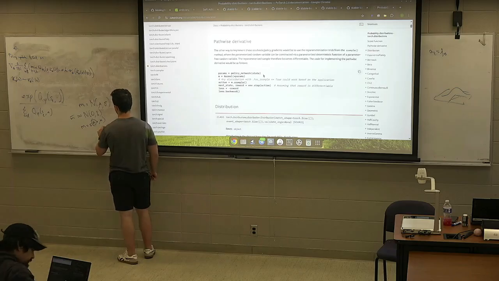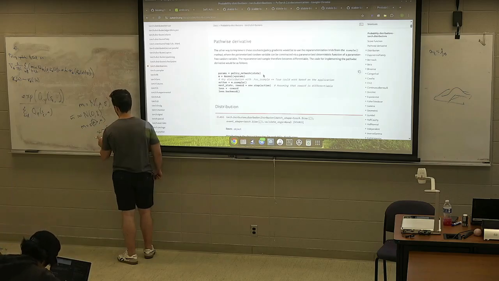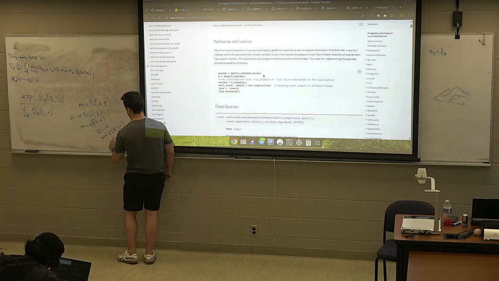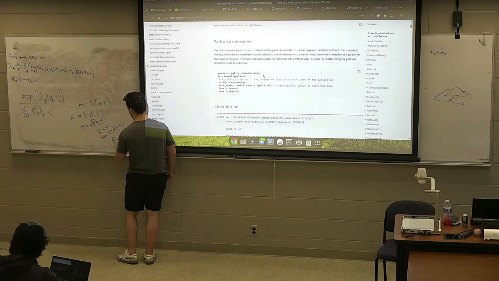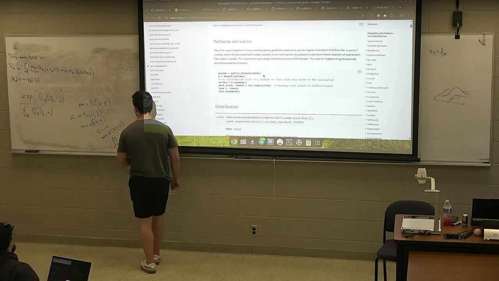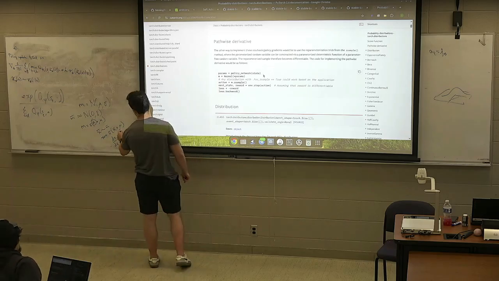X sample R. Differentiate this. No, it's not clear what this is. You're trying to get a number.